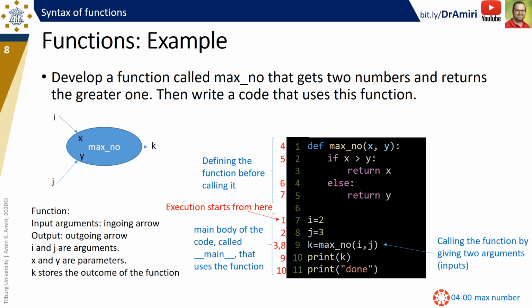So the execution of maxNO depends on the execution of line 1 to line 5, where the function is defined. This function gets 2 parameters and it can return a value.